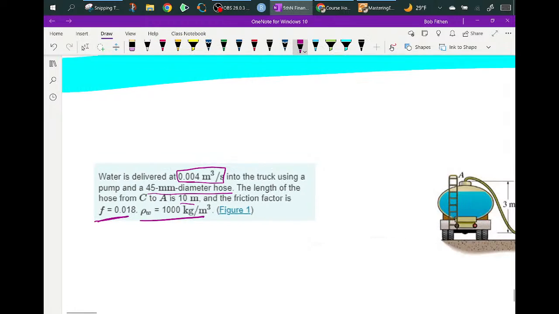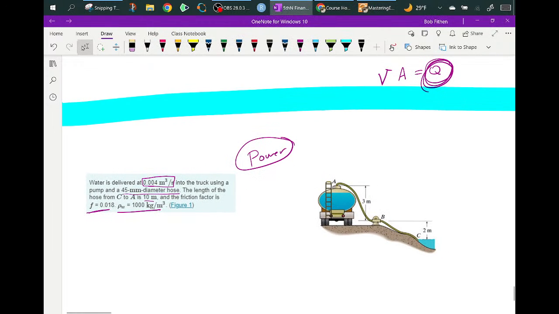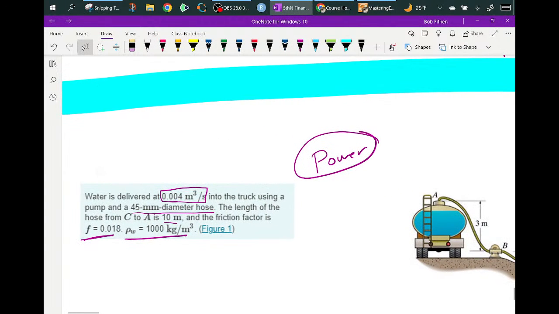So let's look at the picture. And he wants to know, what was it? Oh, the power. Okay. He's going to ask us for the power. More than likely, the best thing to do, since you're in SI, is determine your power in watts.